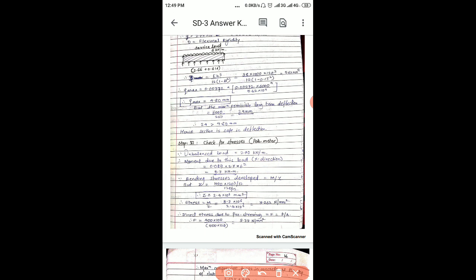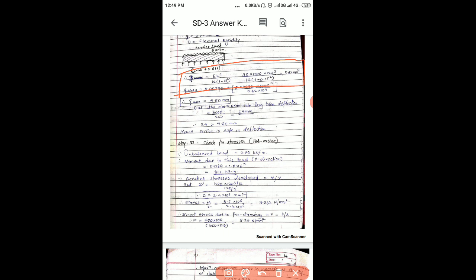Now we will calculate the Q max value. Up to what limit we are going to take that unbalanced load to the bearable limit. Okay, so do you remember this part? Q max is equal to E into h cube divided by 12 into 1 minus mu square.